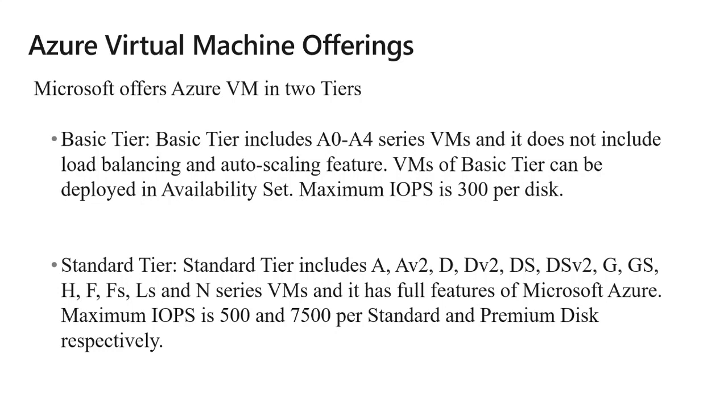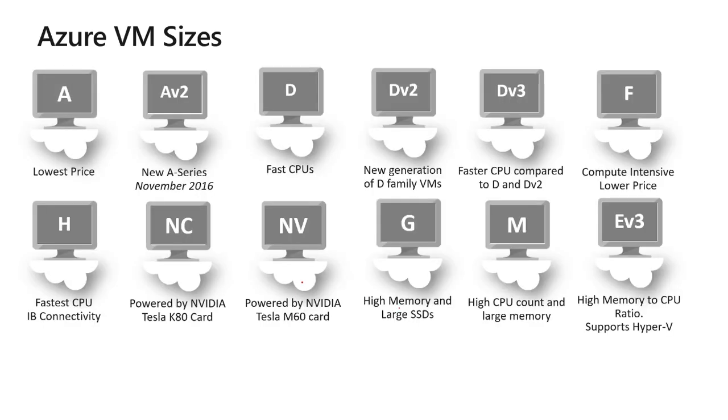In the standard tier, you will find the A series, F series, D series, G series, E series, various series available in Azure, and every series will have different cores and different sizing of virtual machines. How to choose the series?